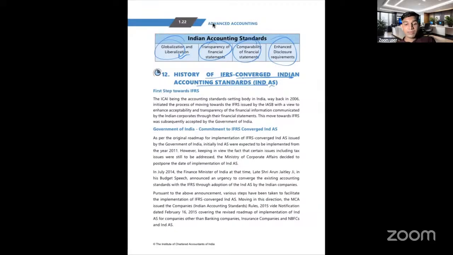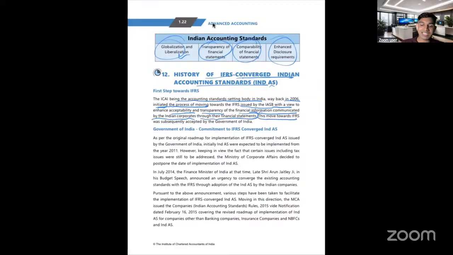The ICAI, being the accounting standard setting body in India, way back in 2006 initiated the process of moving towards the IFRS issued by the IASB with a view to enhance the acceptability and transparency of the financial information communicated by the Indian corporates through their financial statements.